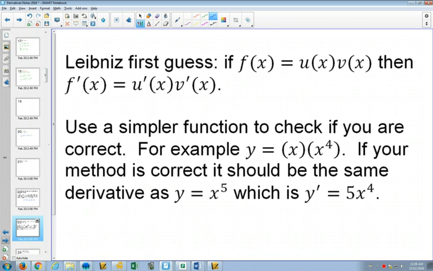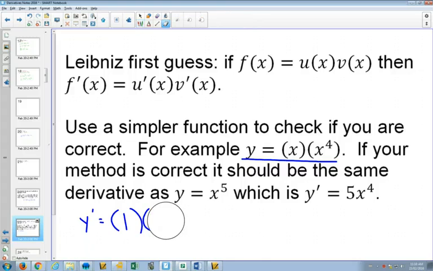So suppose you had y equals x times x to the fourth. And if you did the derivative of each thing separately, the derivative of x would just be 1, and the derivative of x to the 4 would be 4x cubed.